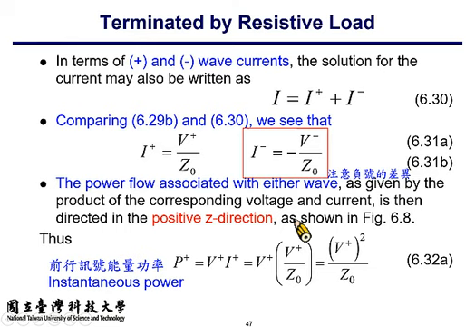But you need to be careful about the relationship between I plus, V plus, I minus and V minus. I plus equals V plus over Z sub 0. So the forward-going current equals the forward-going voltage divided by the characteristic impedance Z sub 0, while the backward-going current equals the minus of V minus over Z sub 0.